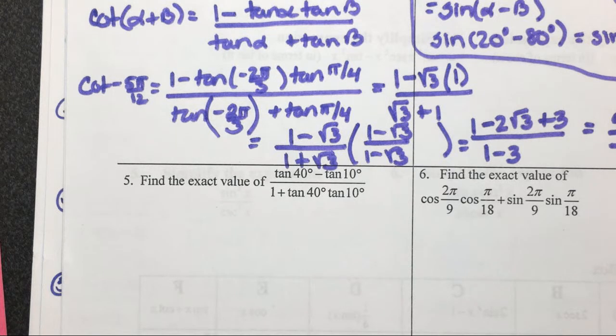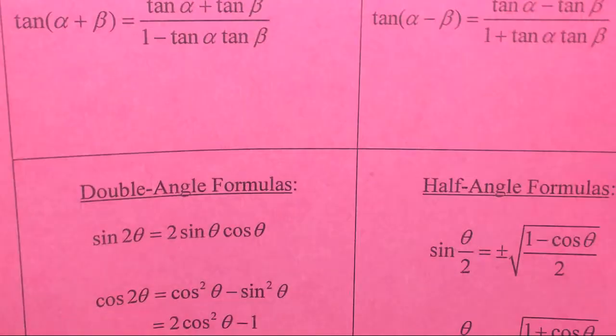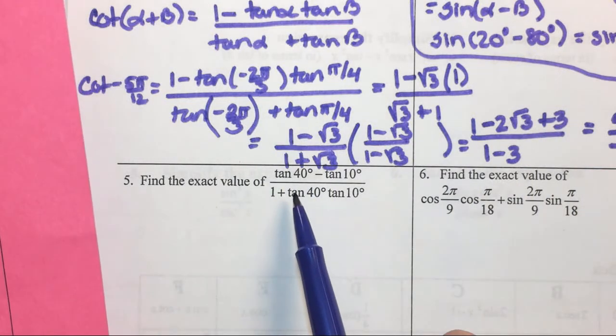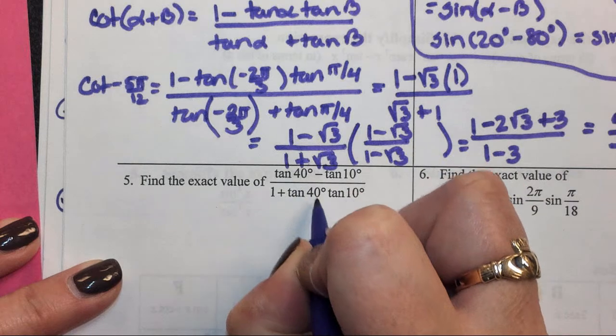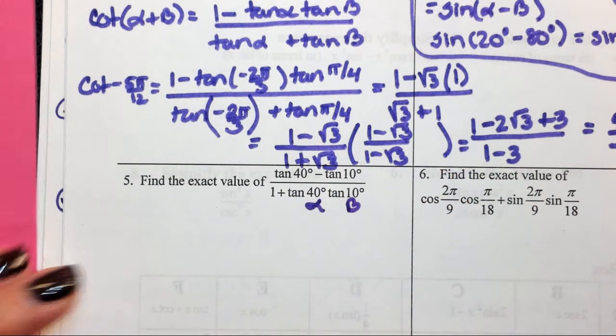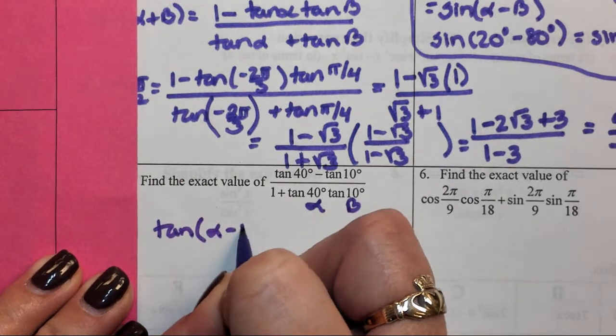Obviously, it's coming from a tangent. The question is, is it tangent sum or tangent difference? Tangent difference. So alpha is my 40 degrees. 10 degrees is my beta. So again, this is coming from my tangent difference formula.